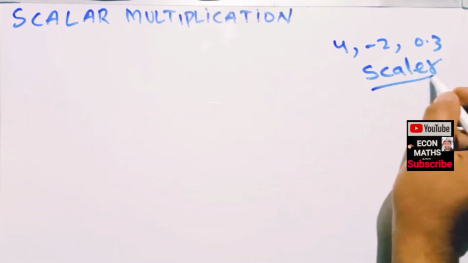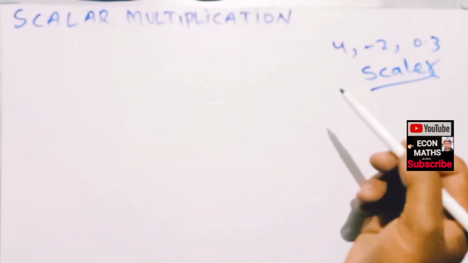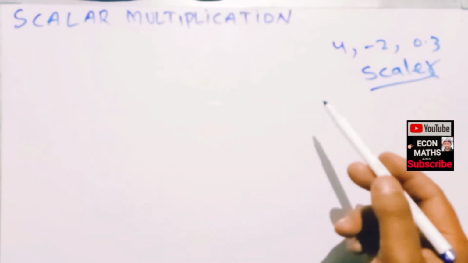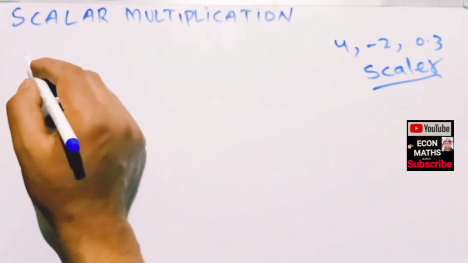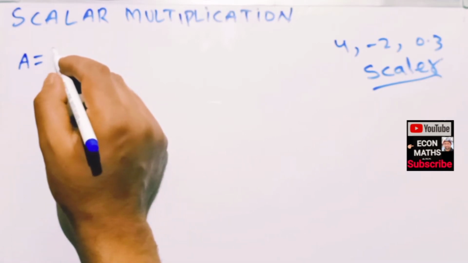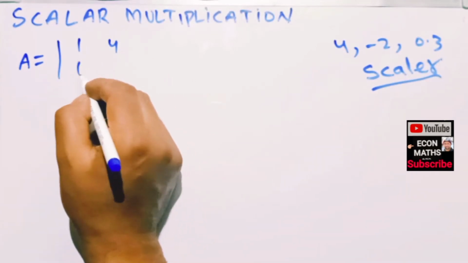These are called scalars. Now multiplication of a matrix by a number or a scalar involves multiplication of every element of the matrix by that number. That is to say, if I have a matrix A equal to 1, 4, 6, 2.